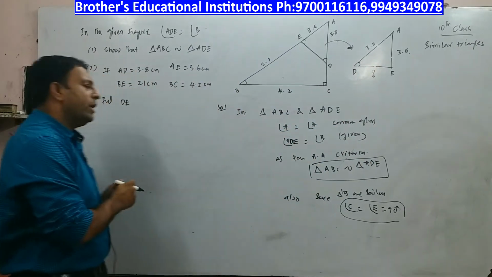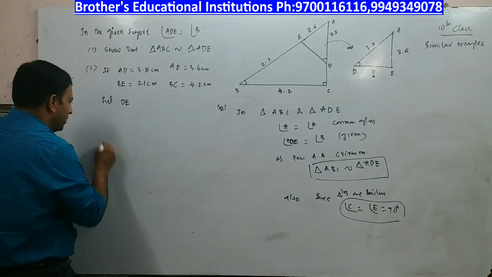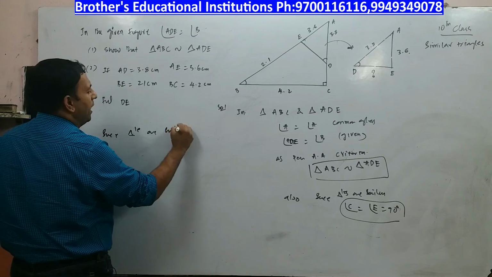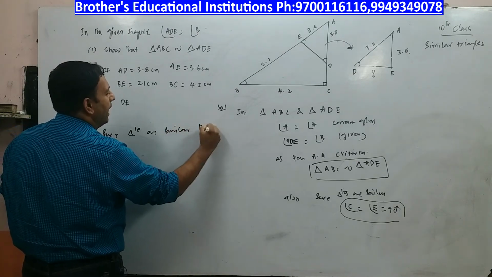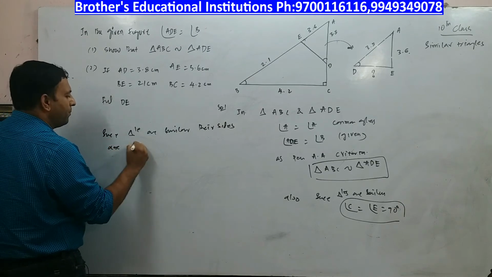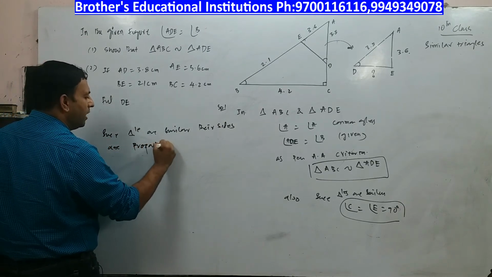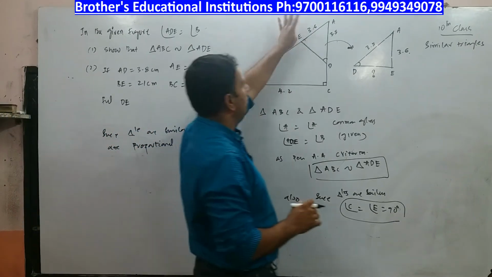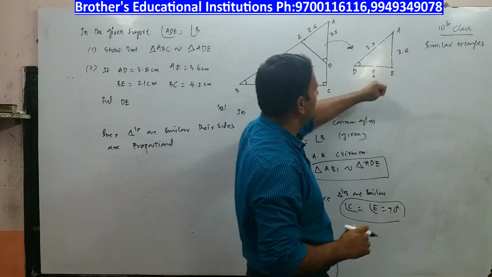So simple. Now when two triangles are similar, their sides are proportional. Try to understand. Now forget about this. You take this one triangle, these are similar.